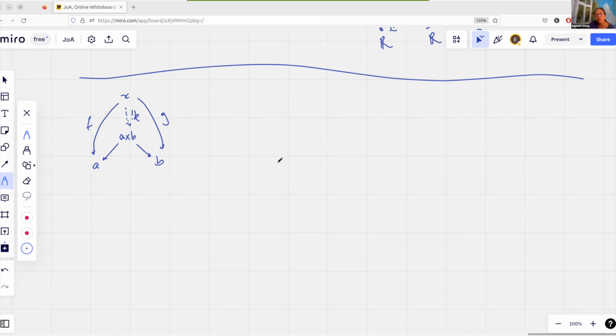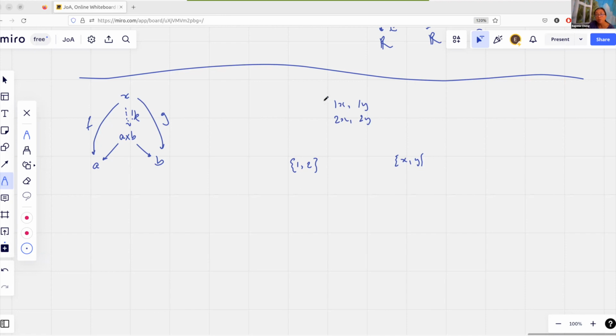Here's an example. If we take the set A to be the set containing the objects 1 and 2, and the set B is going to be the set containing the objects X and Y. One possible construction of the product is going to have 1x, 1y, 2x, and 2y as its elements.